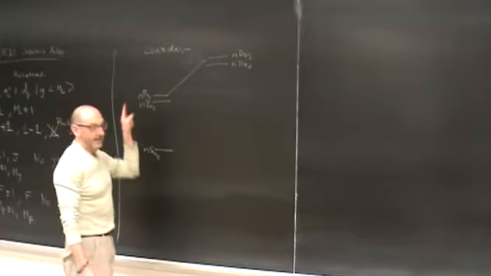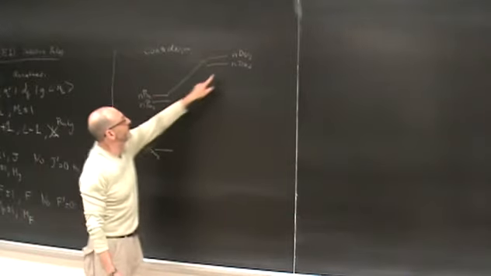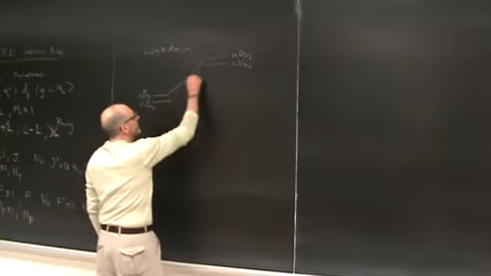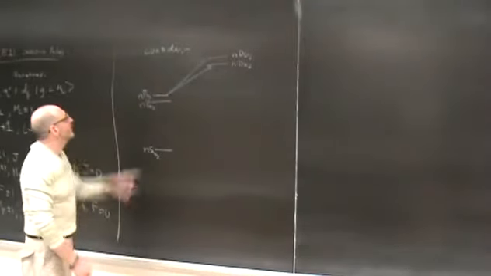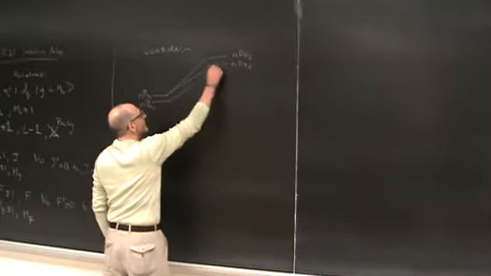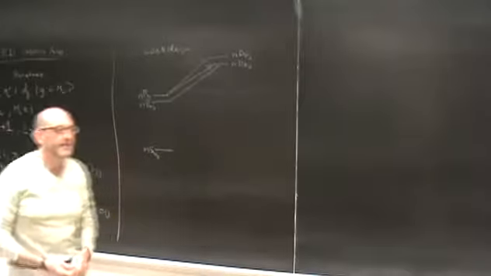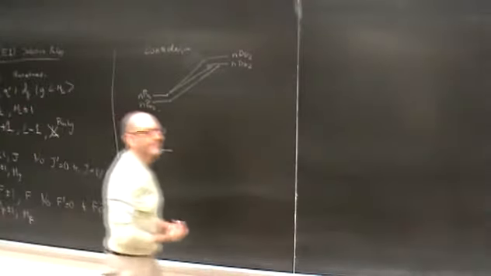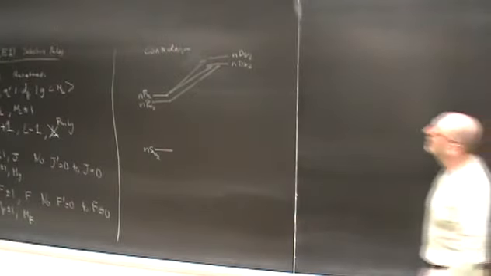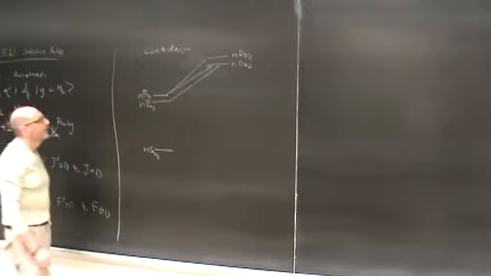And delta J could be 1, that's cool. What about this to this, is that all right? Yeah. Sure, because J can stay the same. What about from here to here? Yes, that's cool. What about from here to there? No. No, ixnay with the laser. Right? So that's an electric dipole allowed transition.